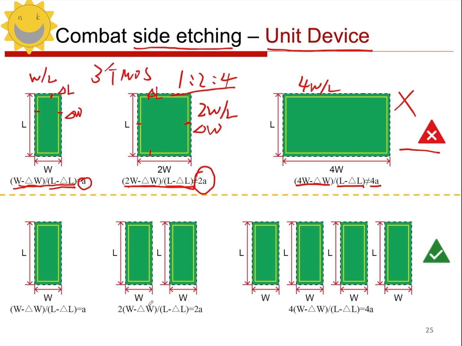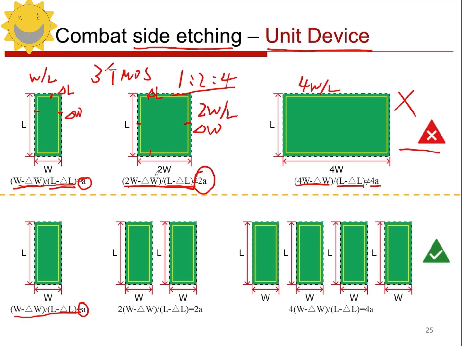So, in the same situation, we need to draw 3 transistors with a width to length ratio of 1:2:4, right? Let's take a look at the first transistor. For the first transistor, we draw it, and after considering the side effect, its actual width to length ratio is A, right? It's actually A. Now, when we draw the second transistor, it's different from before, right?